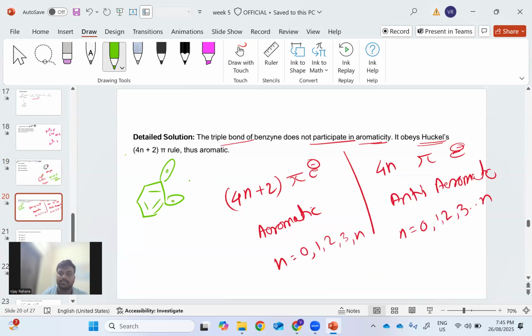They do not participate in the aromaticity. So that's why this benzyne always cancels. They have 4n plus 2, let's say 4 plus 2, 6 pi electrons. So that's okay. 1, 2, 3 pi bonds means 6 pi electrons, right? So that's why 6 pi electrons, and therefore aromatic. So this electron actually doesn't get involved.